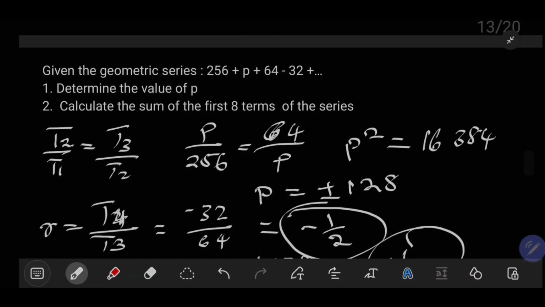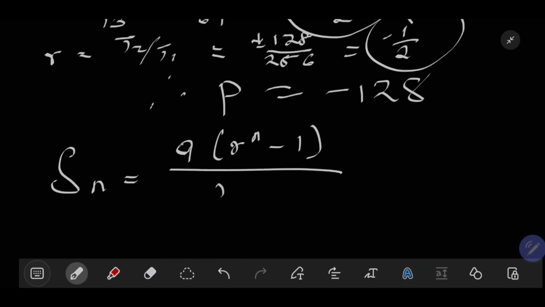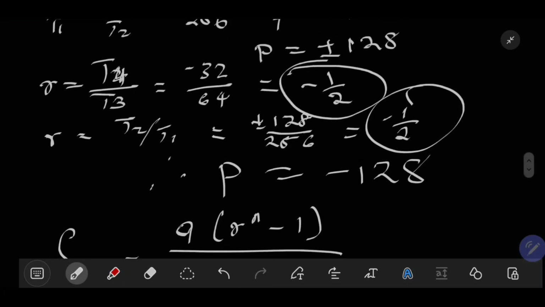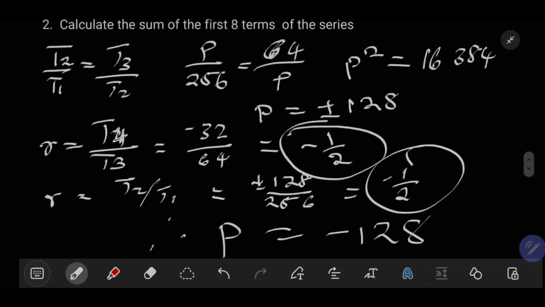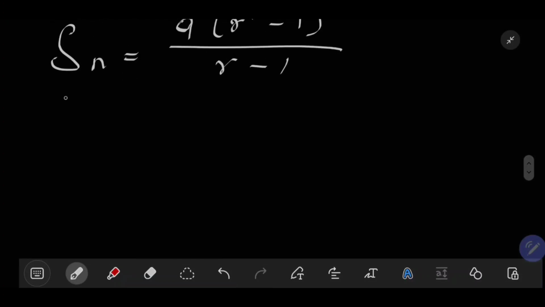Now they want you to calculate the sum of the first 8 terms of the series. The formula says Sn is equal to a into r^n minus 1, over r minus 1. Here a is the first term, r we know, and we calculate the sum of the first 8 terms, so we're looking for S8.